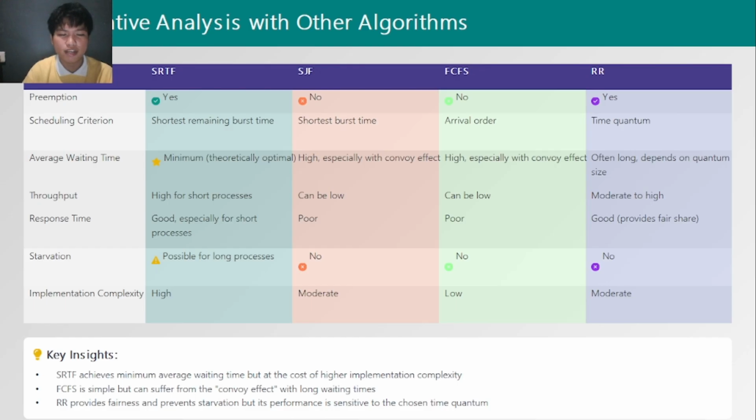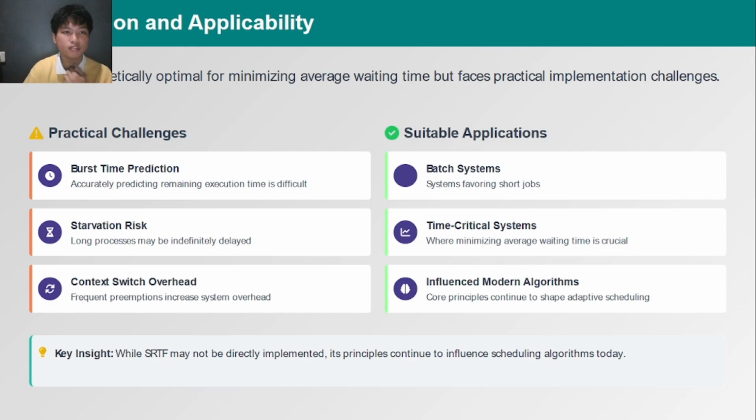While FCFS is simple, it can lead to a convoy effect where everyone waits behind one long process. SRTF is theoretically optimal for minimizing average waiting time but faces practical implementation challenges: burst time prediction, starvation risk, and context switch overhead.